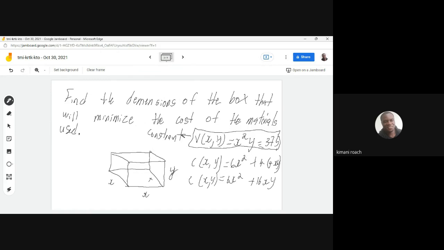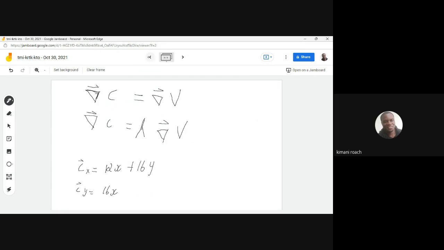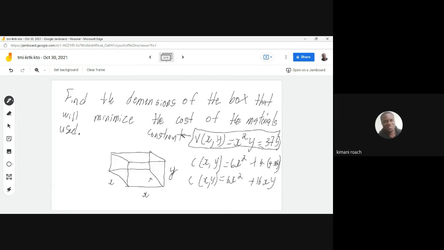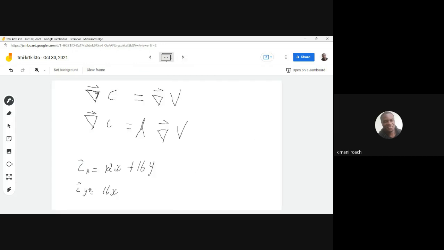That is going to give me 12x. And we are differentiating 16xy partially with respect to x. So the y becomes a constant. We leave it as is. And when we differentiate the variable x, we get a constant 1. So that's going to give me 16y.